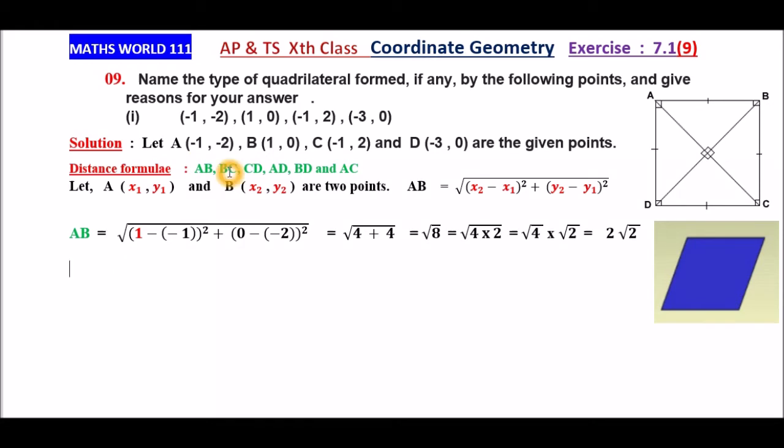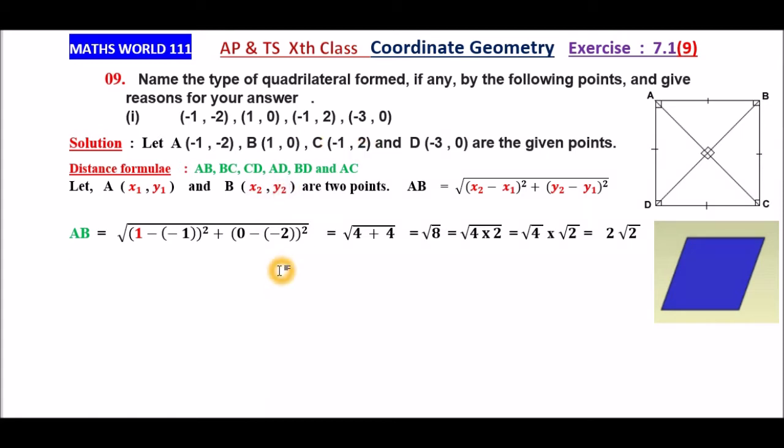Now BC, find out BC. BC is nothing but the distance between the points B and C. B is (1, 0) and C is (-1, 2). Just simply substitute. This is x1 is equal to 1, y1 is equal to 0, and C, x2 is equal to -1, y2 is equal to 2.